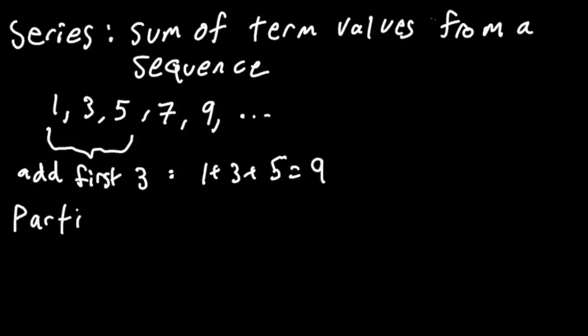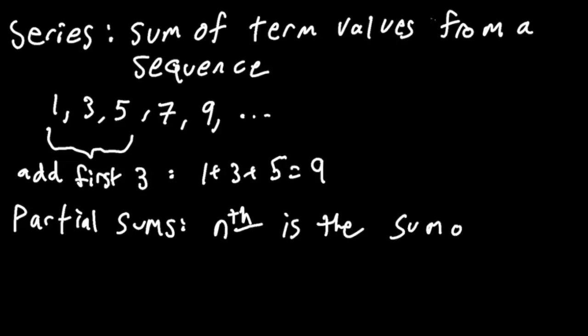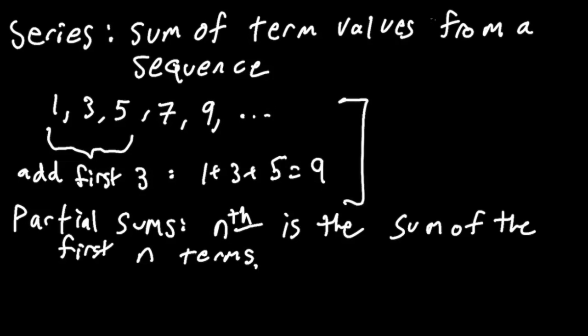So partial sums. The nth partial sum is the sum of the first n terms. So the n number of terms. For example, here we have the third partial sum, and we use the notation s sub n.